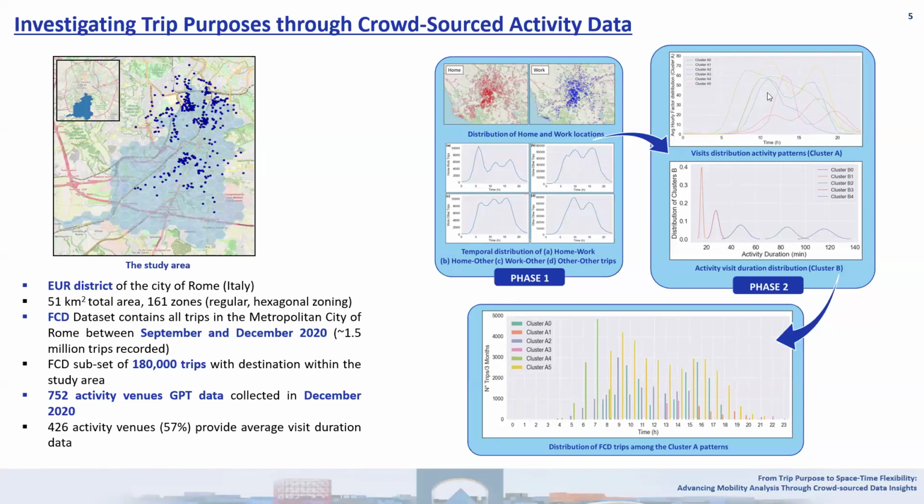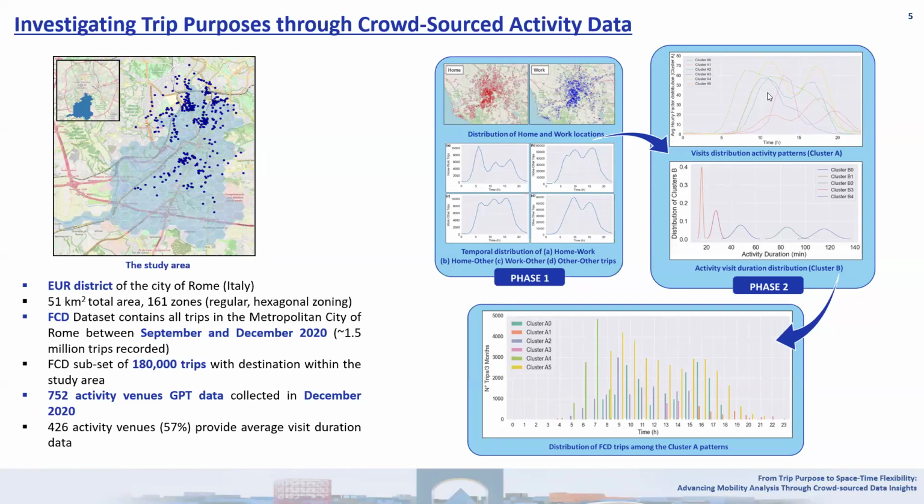So we take our floating car data, we divide them into home-work trips. So you can go inside a travel demand sample matrix related to commuting trips. If you are not a home-work trip, let's have a look if there is a high probability that you go inside a specific visit pattern and visit duration.